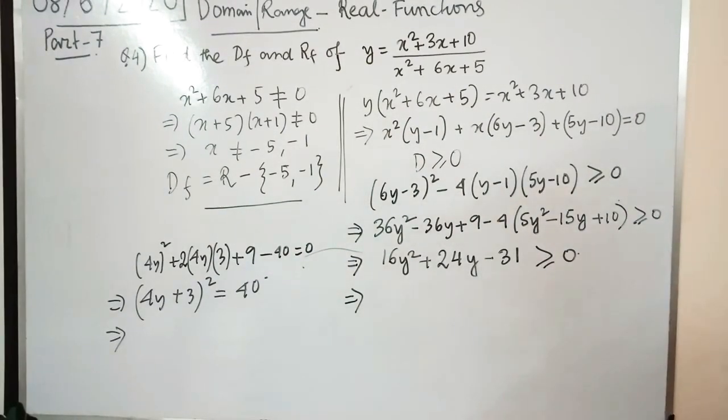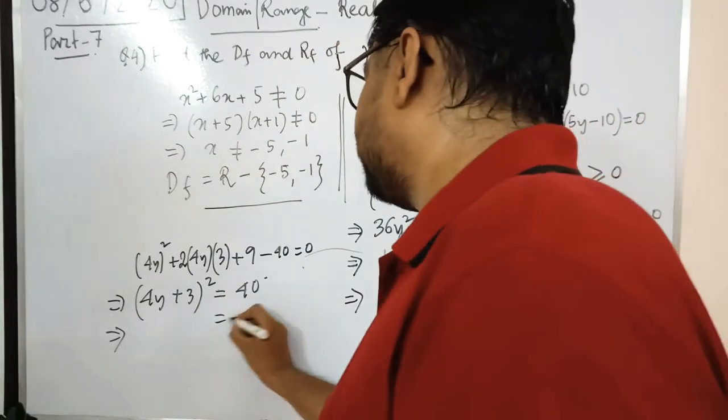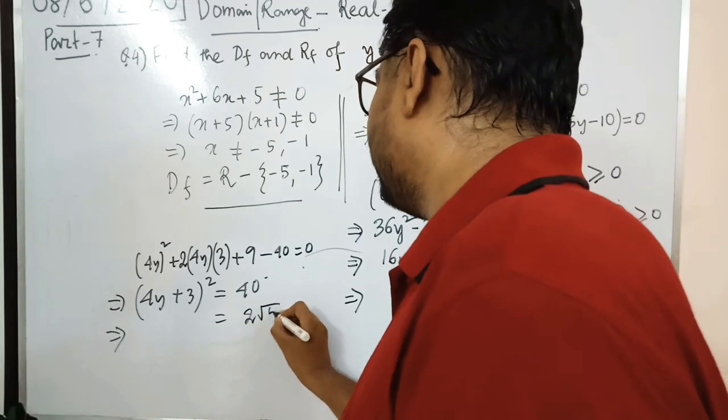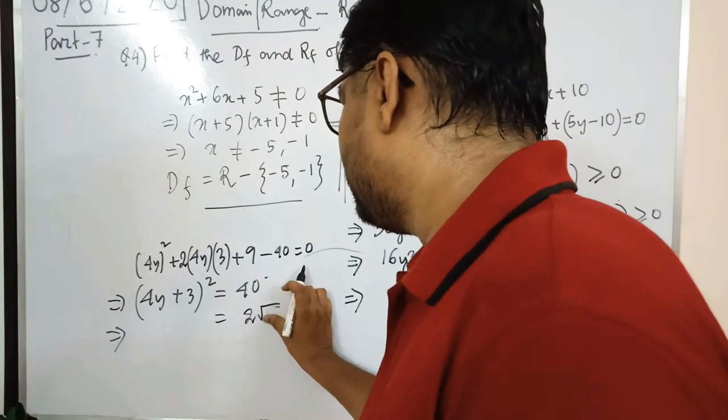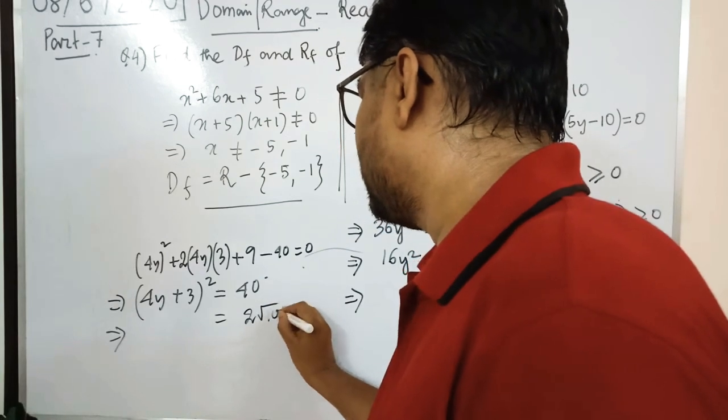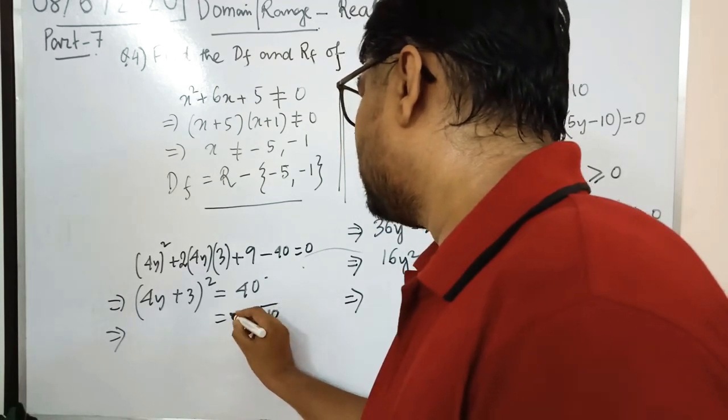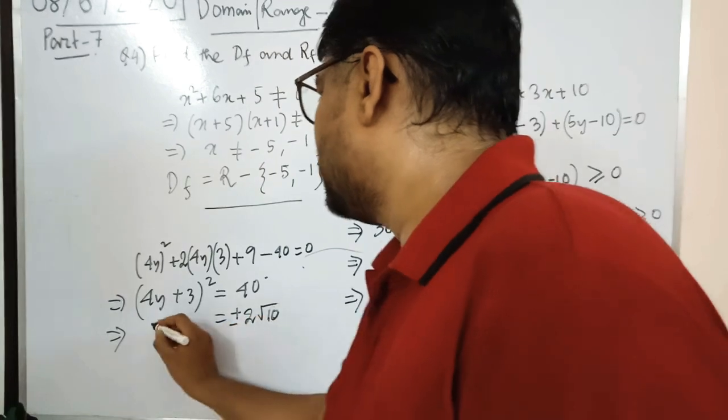It's 8 into 5, or you can say 4 into 10. So I get something like 2 root 10. So I got something like this after square rooting.